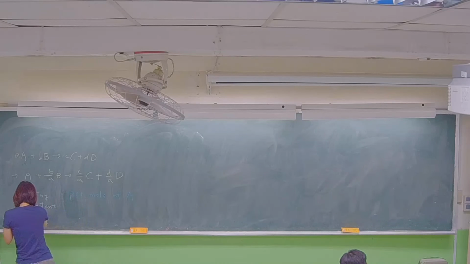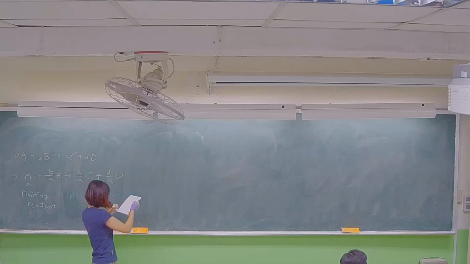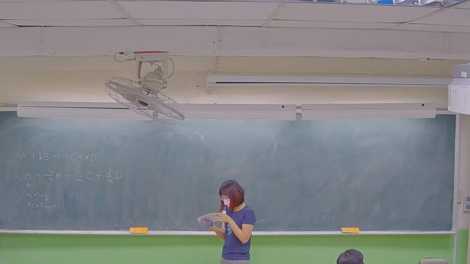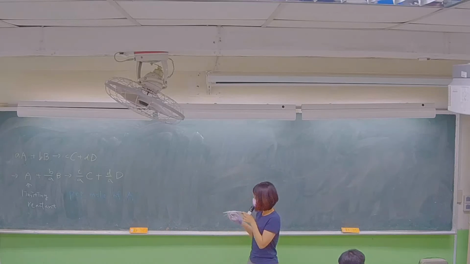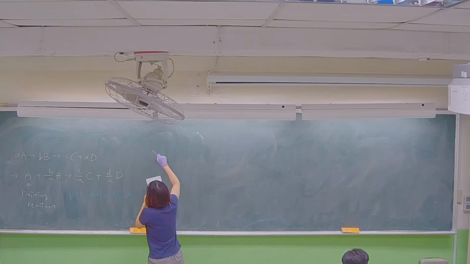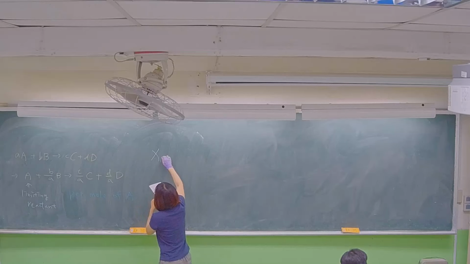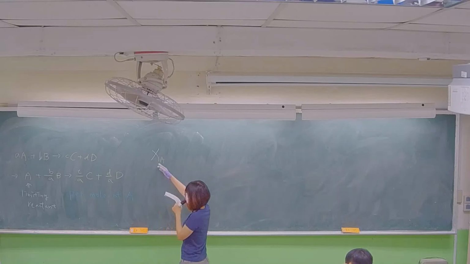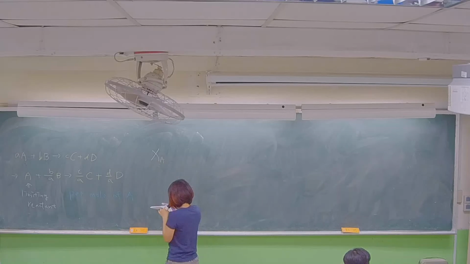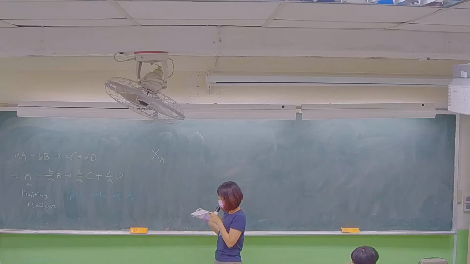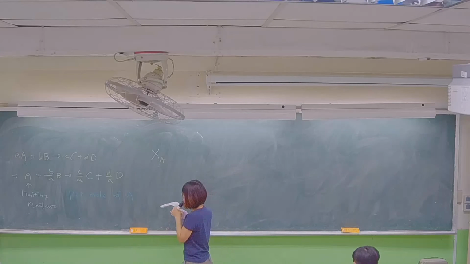Okay, so let's talk about conversion. In slide 4, conversion X. You can put a target here. It is the conversion of A. Conversion of A means the number of moles of A reacted per mole of A fed to the system.